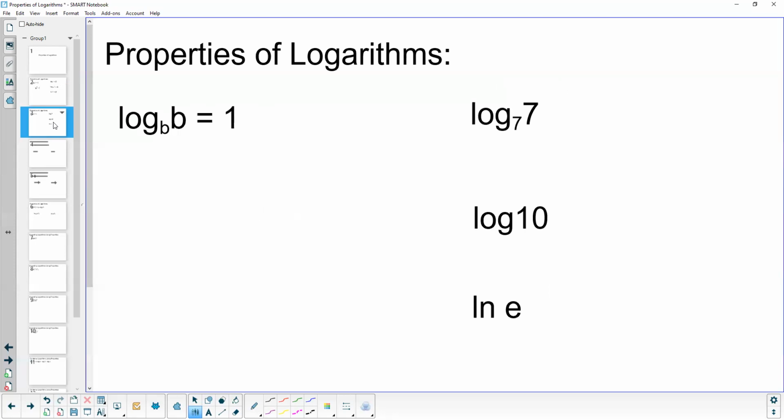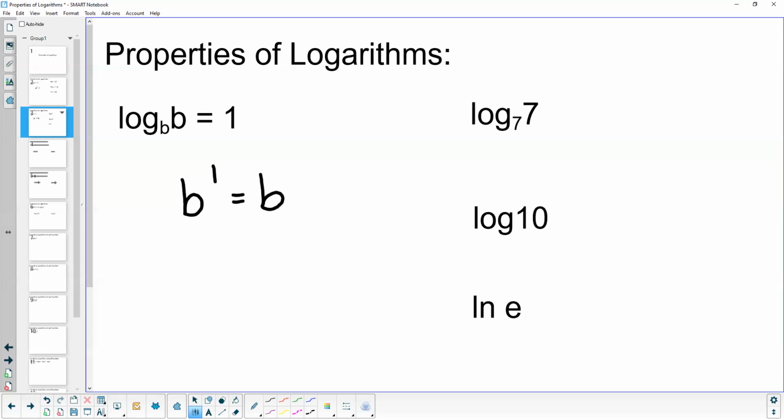Now, our next property says that the log base b of b is going to be 1. And again, going back to rewriting a logarithm as an exponential, what happens here is we're saying that b to the power of 1 is equal to b, or any number to the power of 1 is equal to itself. And that of course makes sense because that means we just have that number there.